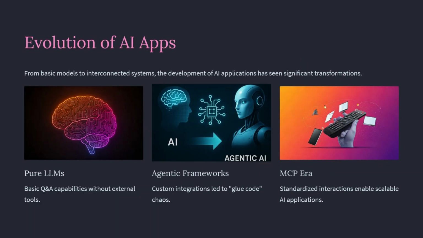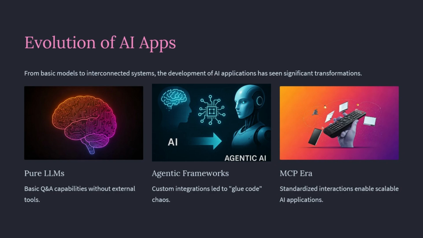Let's take a quick journey through the evolution of AI applications to understand why MCP is such a game changer. In the early days, we had pure large language models. Think of them as brilliant but isolated brains. They could answer questions and generate text, but they couldn't connect to external tools or data sources. Then came AI agentic frameworks, where developers started building custom integrations to link LLMs with APIs, databases, and other tools.